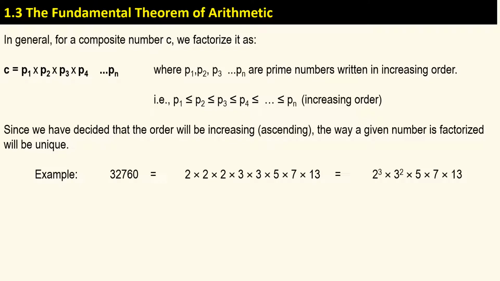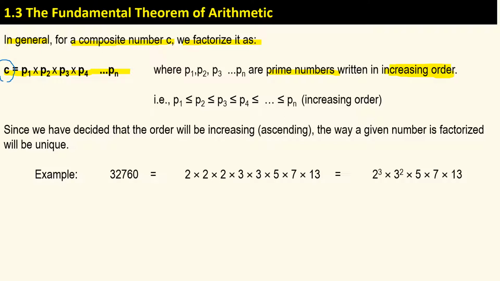There is one more point that we should remember when we talk about the fundamental theorem of arithmetic. Let's say in general, for a composite number C, we factorize it as C is equal to P1 into P2 into P3 into P4 and up to Pn, where P1, P2, P3 up to Pn are the prime numbers which are written in increasing order.